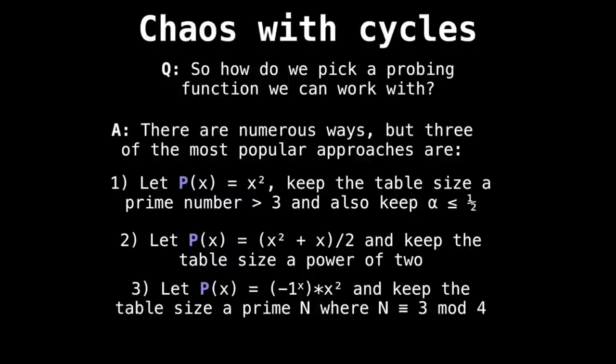For example, we could say that our table size was 23 because that's a prime number and it's congruent to 3 mod 4. So any of these will work, but as you see, they're very specific in how they work and what the table size should be, and that's a common theme in quadratic probing.